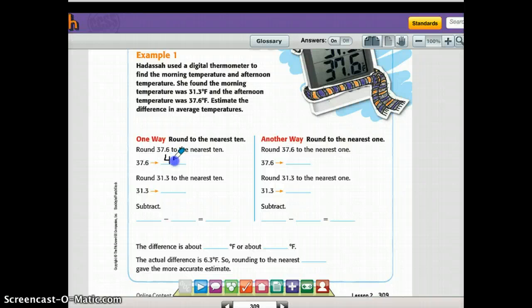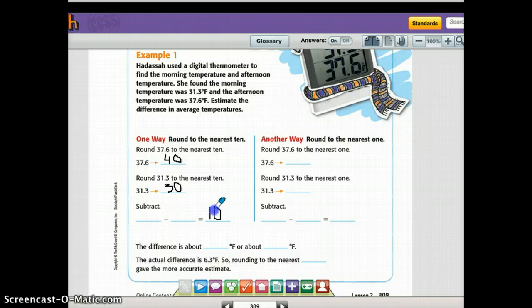And then I'll do the same thing for 31 and 3/10. I'll look at the 1 in the ones place because it's the place value to the right of the tens, to know if I should round up or down. The 1 is below 5, so I know I should round down. So I'm going to round down to 30. Then I can subtract 40 minus 30 because I'm looking for the difference in temperatures, which gives me 10.